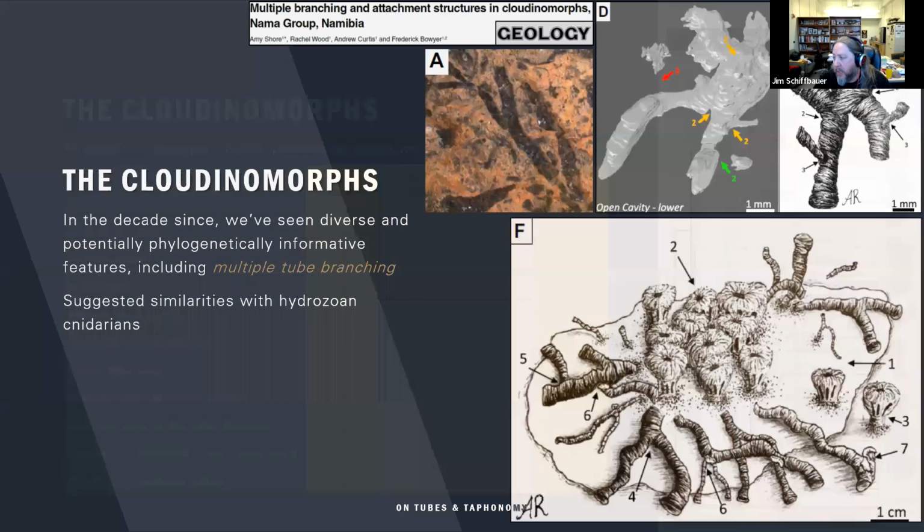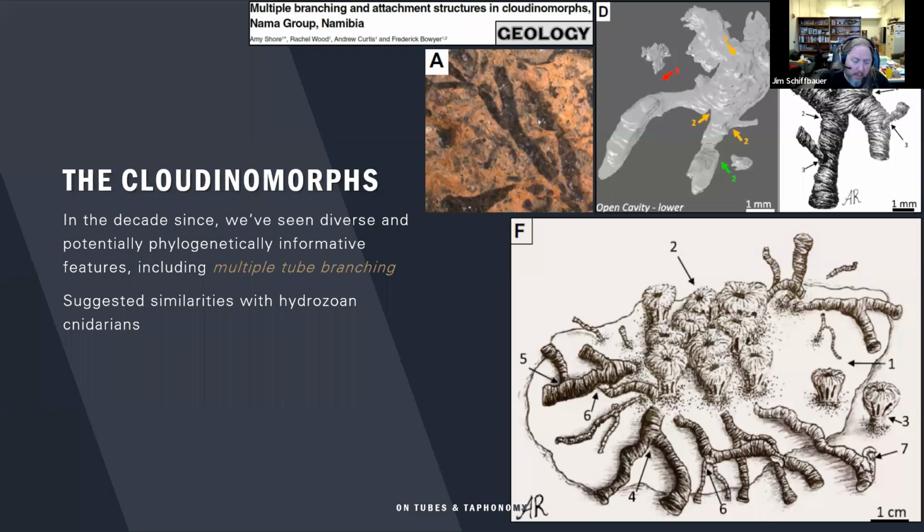Now, if we go into a lot of the features that have been published or resolved since the Vinn and Zaton work in 2012, a lot of new things have been reported. This is a great example from Amy Shore and Rachel Wood's work on multiple tube branching in some of these cloudinomorphs. This was from serial grinding of sections of material from Namibia, and what they were able to see is that sometimes we have individual tubes that branch more than once.